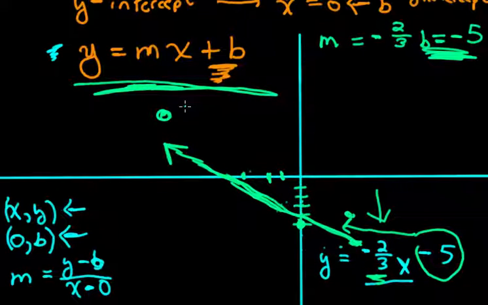What I want to do right now is pull up another piece of software in another video called Desmos. It's a free online graphing calculator. I want to show you how to just draw lines using that, so that when we do these exercises, you get used to doing it by hand, and so that you know what the slope means and the intercept means, you can also have a tool for checking yourself.